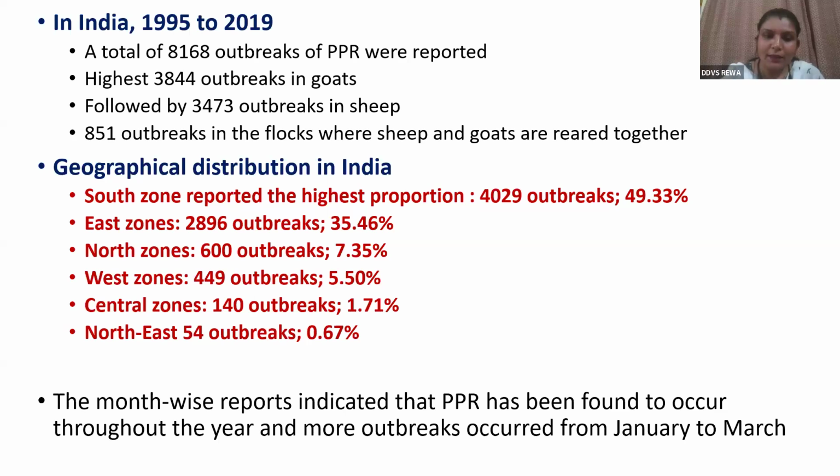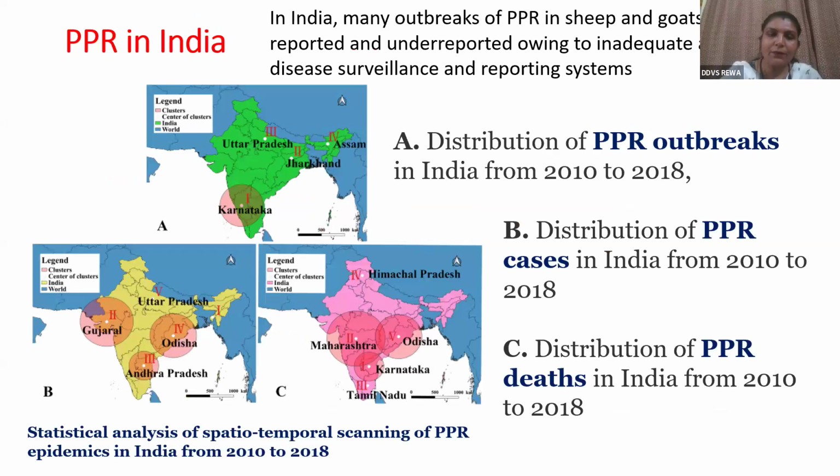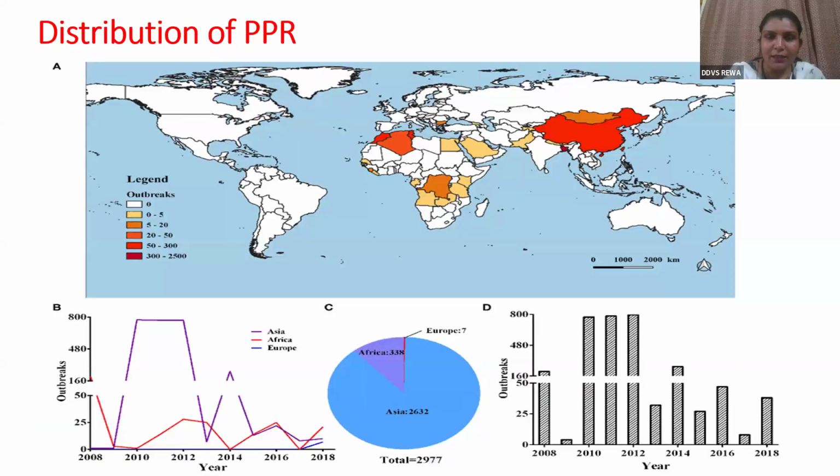So, there is no relation of outbreak occurrence with any time of the year. It can occur at any time of the year. In India, the situation is like this. I would like to show this picture also. This is also a review.